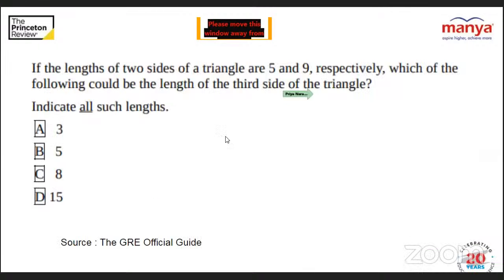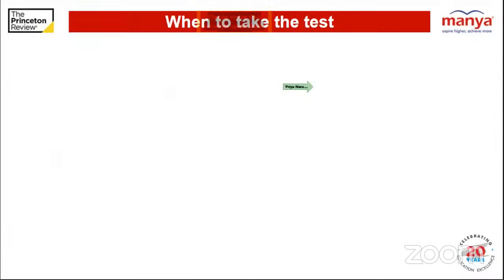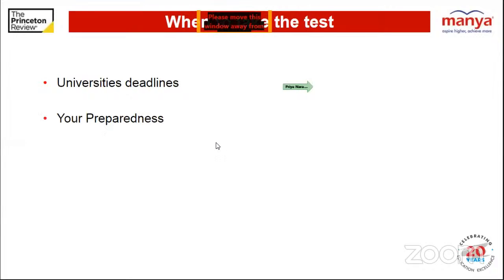So let us move on to when you will take the GRE test. There are two things which decide when you take the test. The first thing is the university deadline.